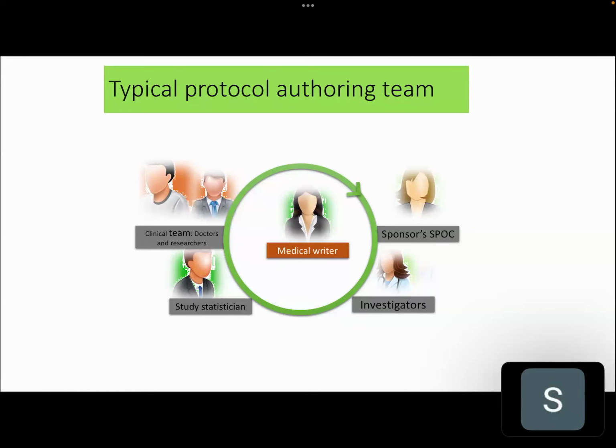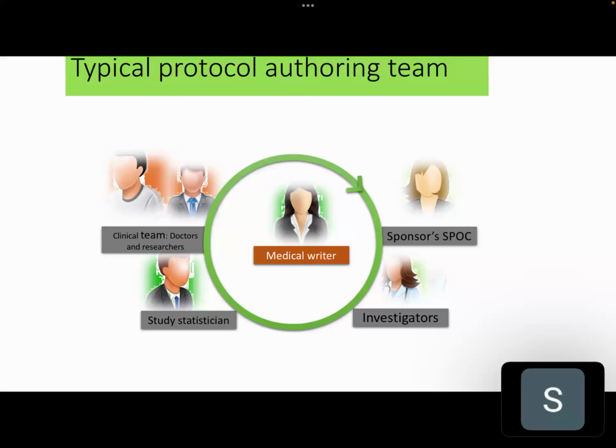If you want to see who writes a protocol, I want to clarify something. Newcomers who want to be medical writers sometimes think they will be responsible for everything. No, not at all. This is a misunderstanding. You are a central part as a medical writer, connecting the whole team. Suppose you are working at a CRO, a contract research organization.